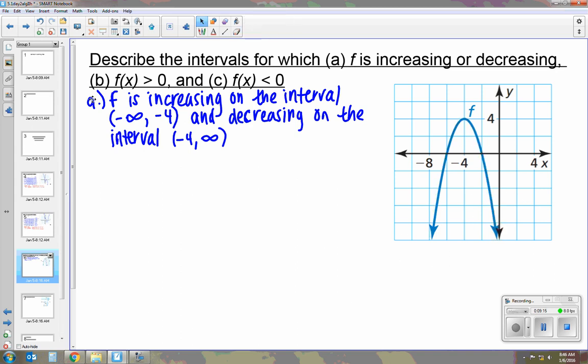All right, the next part, B, is we have to find the interval where f of x is greater than 0 or positive. So that means it's going to be from here to here. So that's going to be negative 6, negative 2. The last one is where f of x is less than 0. So that's going to be the negative area.